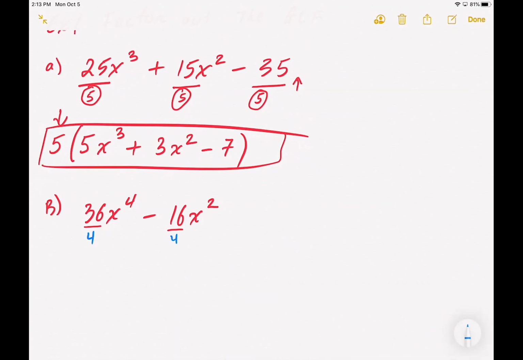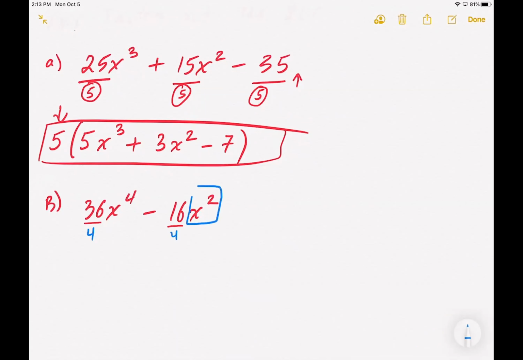Now, do you agree that I have an x over here and an x over here? For the x, the easiest thing to do is take out the smallest exponent. What is the smallest exponent between a second and a fourth power? The smallest exponent is x to the second.